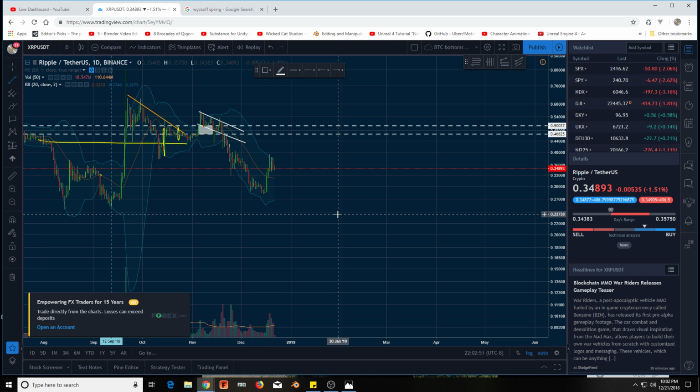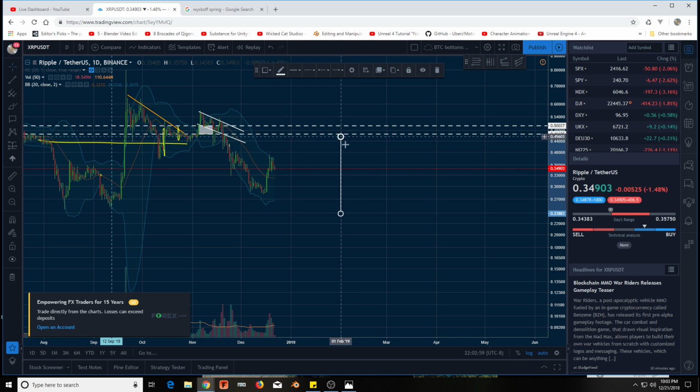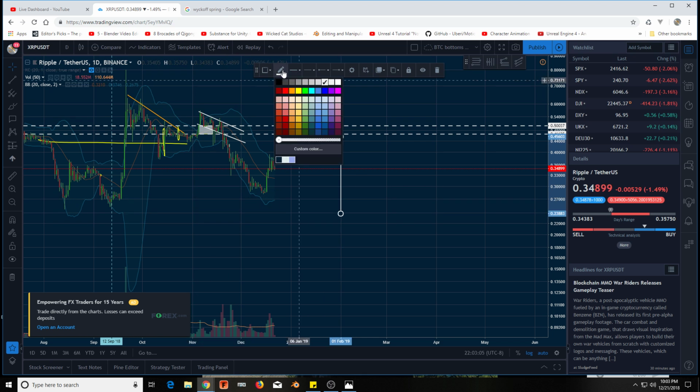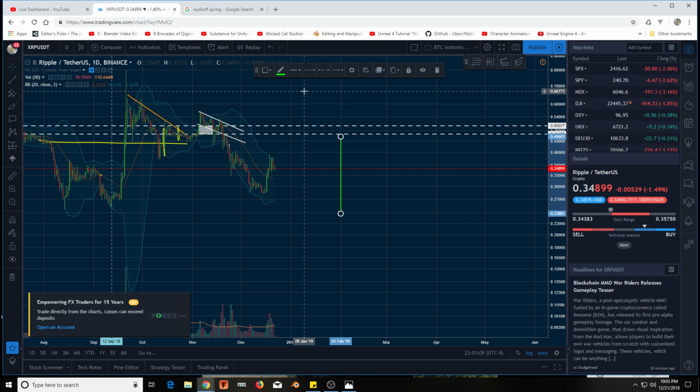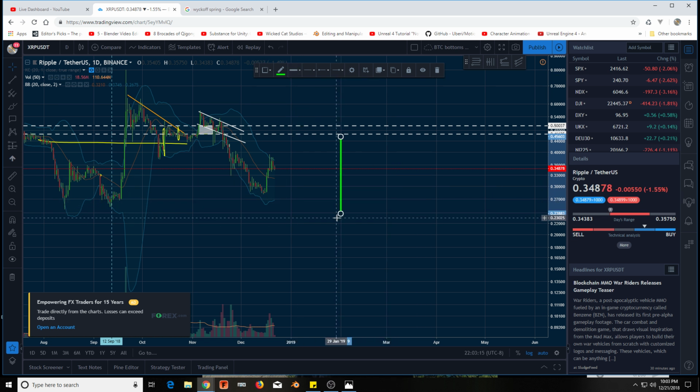XRP's really super duper fast, I'll give it that. So you're going to have a big old candle like this. A bank says, hey, a customer just gave me a ton of money and I've got to send it to Bangladesh or whatever, right? So we're going to see a big old Jedi candle in a span of a minute, or maybe on the 3-minute chart.